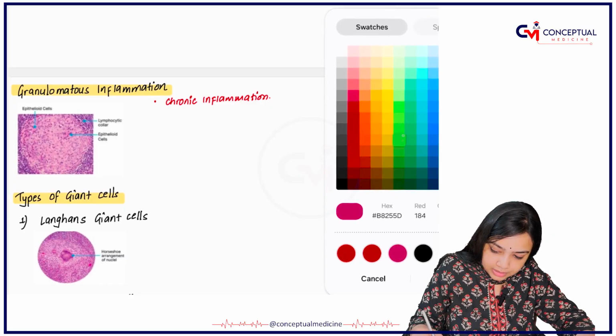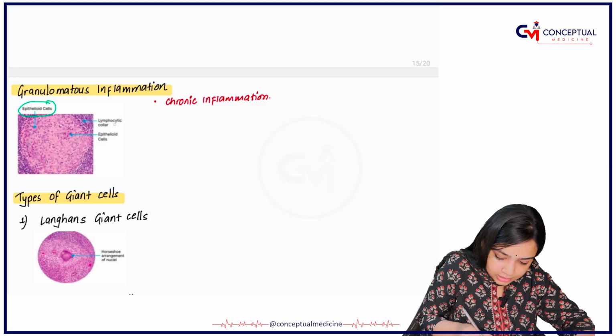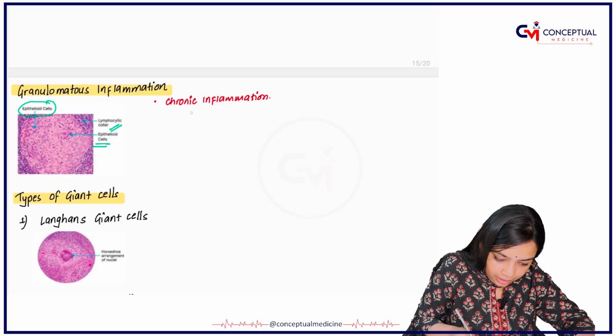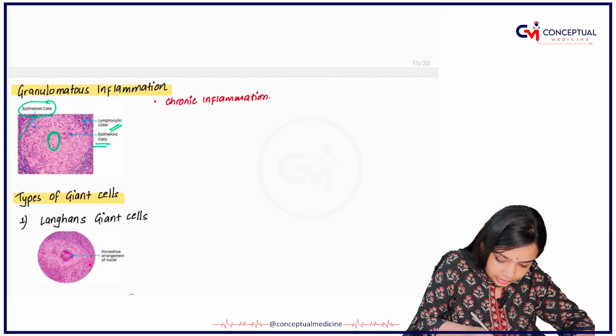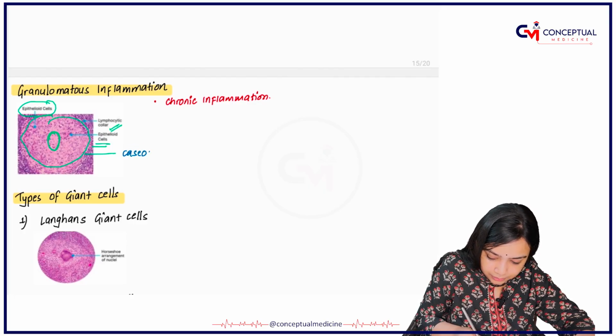We have the epithelioid cells, we have the lymphatic collar, and in the center you are able to appreciate a caseous necrosis.